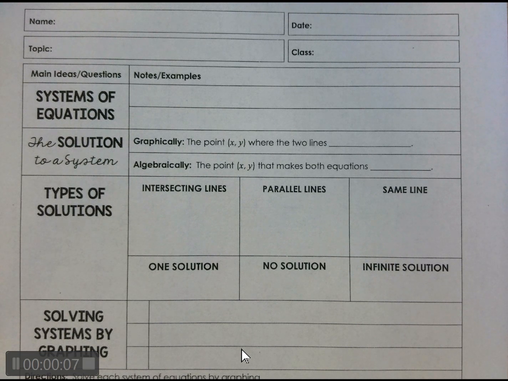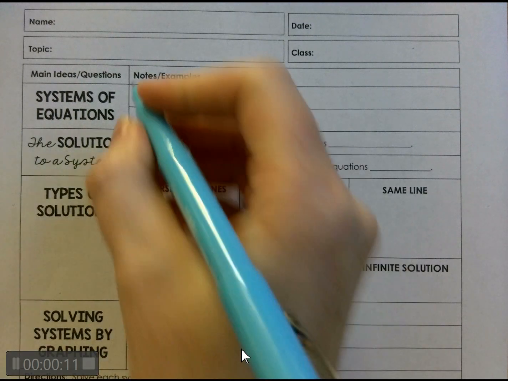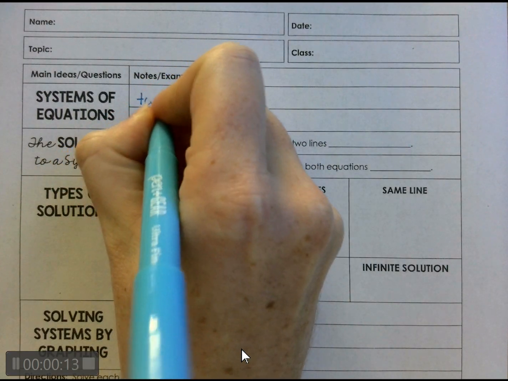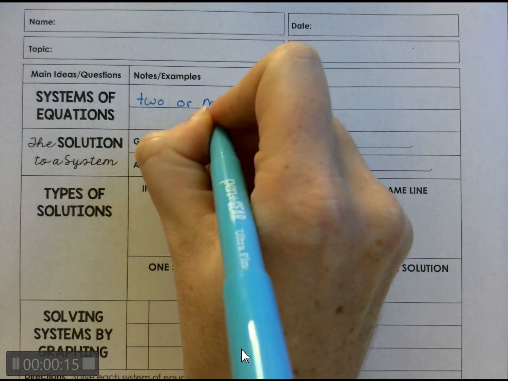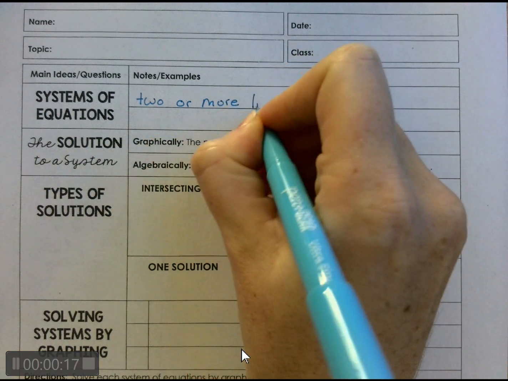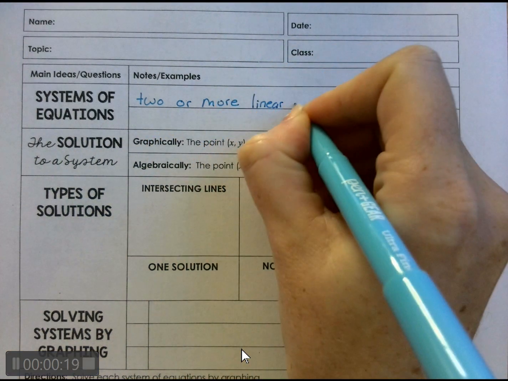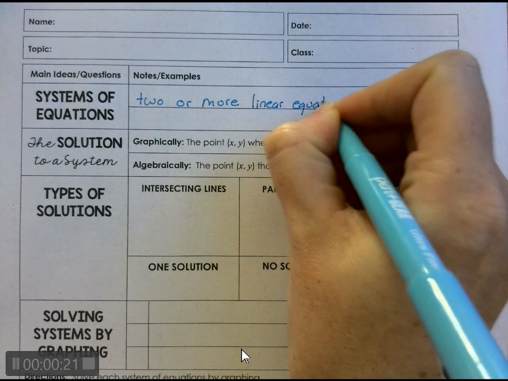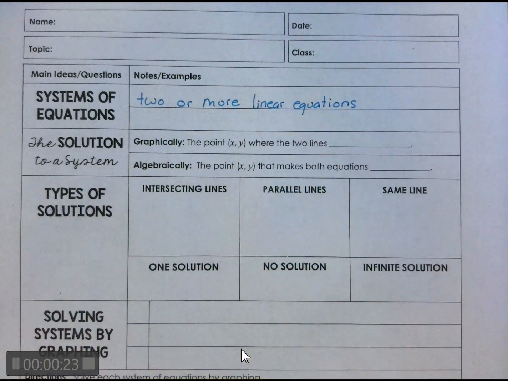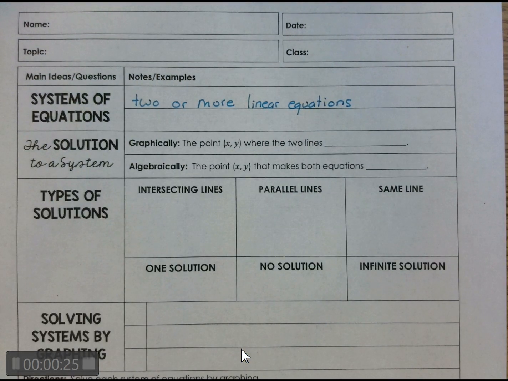And today we are looking at systems of equations, which is going to mean two or more linear equations. And of course, we remember that linear means only one x, okay? So now in our algebra class, we're just going to focus on two linear equations, but it is possible to have more linear equations, okay?